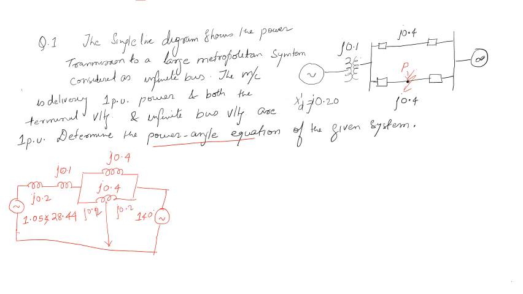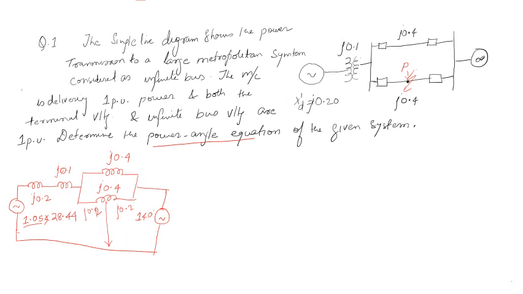At steady state I have analyzed that the generator voltage is 1.05 and the initial angle delta is 28.44. So I have already analyzed this part.